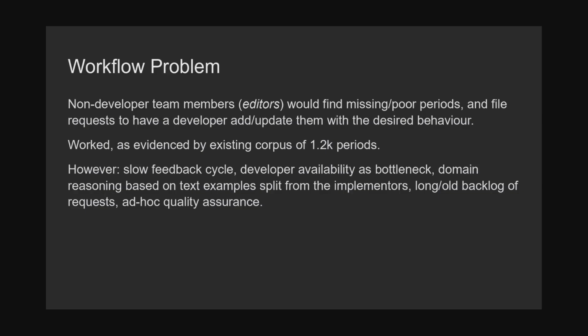This would sort of lie around for unknown amounts of time, which led to a slow feedback cycle. It meant developer availability worked as a bottleneck. It separated the domain reasoning regarding how a particular text extraction should behave from the implementers, and there was ad hoc quality assurance. It worked, though, as evidenced by the existing corpus of 1.2 thousand periods.